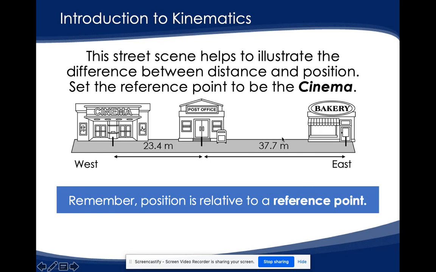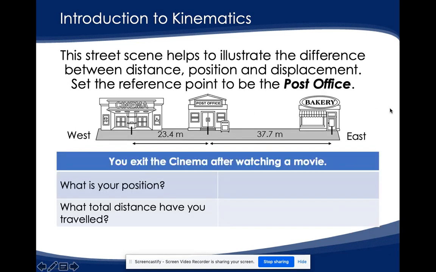You've covered a mile in distance, but if you stop in the same place you started, your position would still be 0 meters because you are ending up where you began, but your displacement obviously would have been a mile because that's the total that you ran.